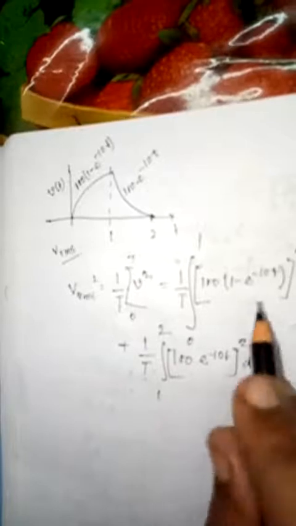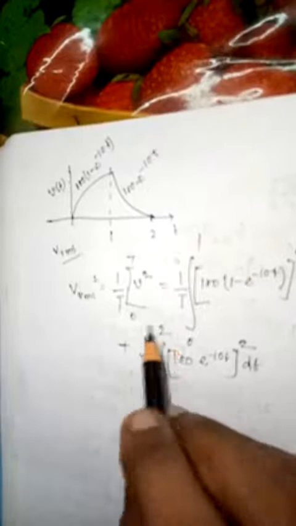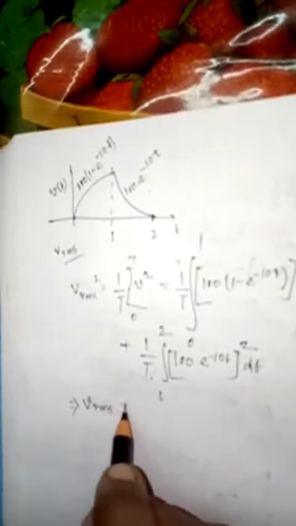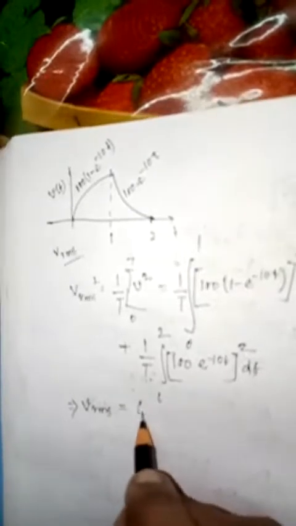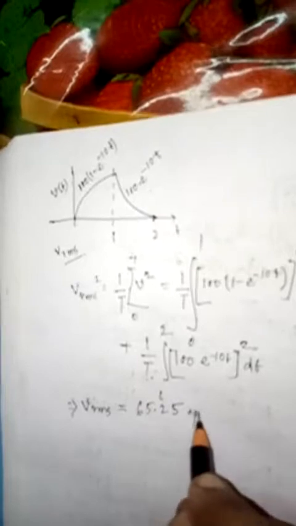If you solve this particular equation, with t varying from 1 to 2 in one part and 0 to 1 in the other, finally you will get Vrms. I have calculated it, and it comes to about 65.25. This is the answer. Simply integrate it out and do this.